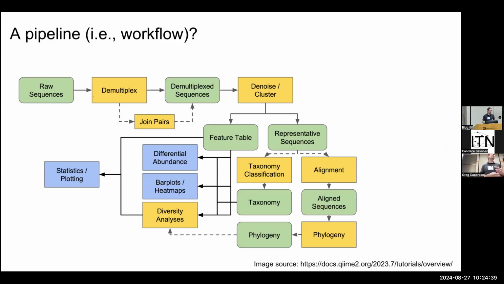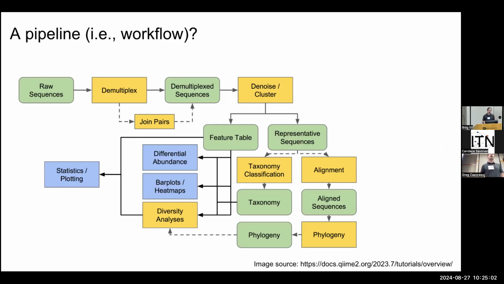The feature table can have different feature types, but most typically it might be what's known as an amplicon sequence variant, a unique amplicon sequence that you observed in your analysis, and counts of those on a per sample basis. That becomes the core for a lot of the downstream analyses that we do.